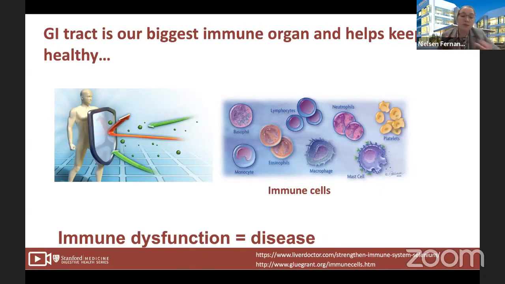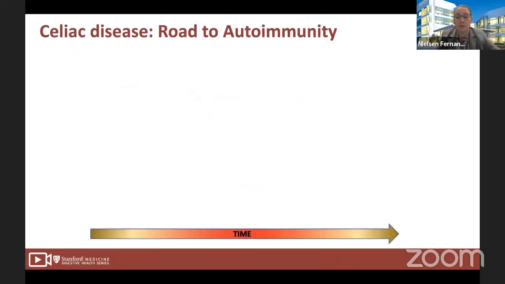And the basic problem with celiac disease is that that's what happens. Gluten, for whatever reason, is thought to be a potential problem by your immune system. And celiac disease is the only disease that we know of where it starts with a dietary protein and, through a process that we'll talk about, results in autoimmunity.